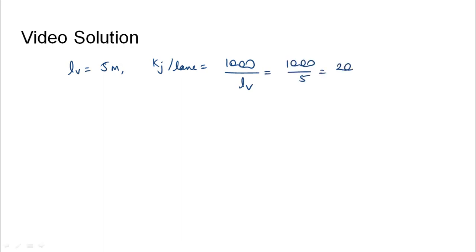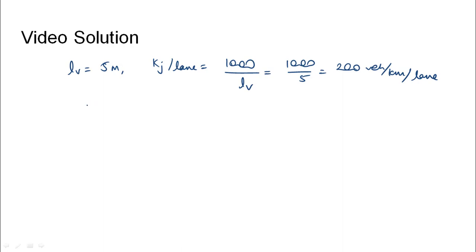In this case, we have been given the length of a vehicle as 5 meters. So using this, Kj per lane would be equal to 1000 by LV, that is the number of vehicles in each kilometer, which would be 1000 divided by 5, that is 200 vehicles per kilometer per lane.